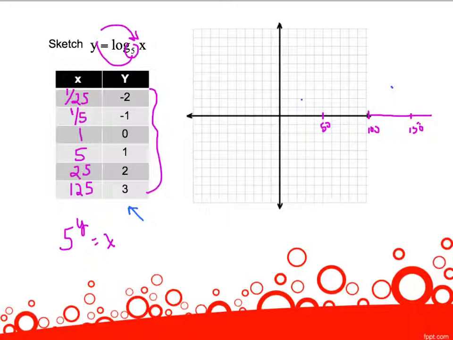When x is 5, which would be here between the origin and the first grid mark, y would be 1. And then when x is 1, y is 0, so that's just barely past the axis. And then we can see that this should be getting closer and closer to our y-axis. So our graph should be coming up like this.